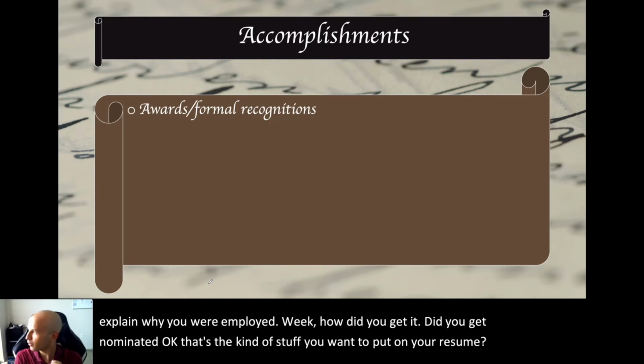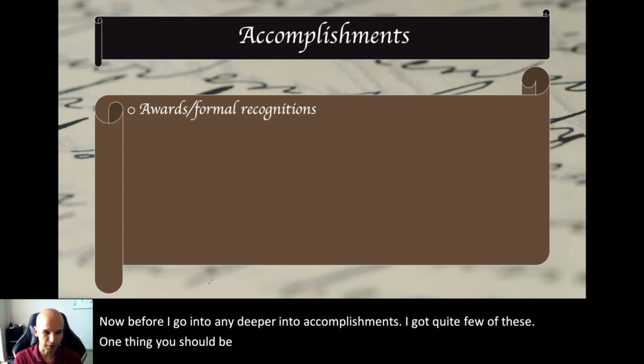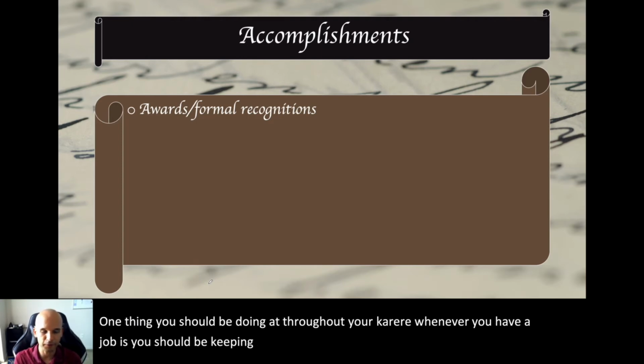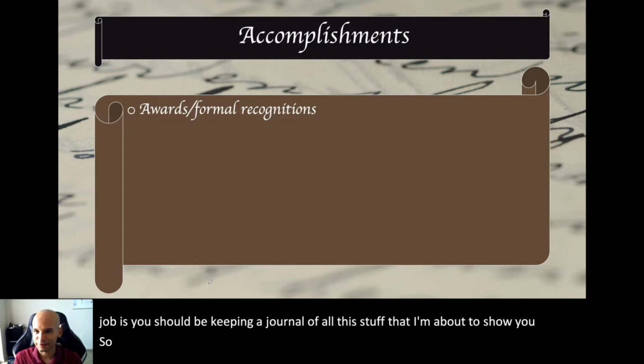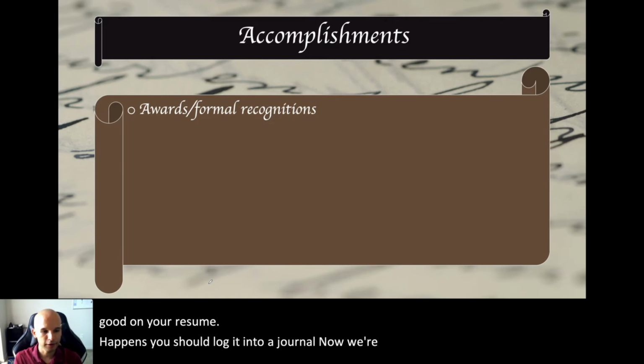Now, before I go any deeper into accomplishments, I've got quite a few of these. One thing you should be doing throughout your career, whenever you have a job, is keeping a journal of all this stuff that I'm about to show you. Anytime something happens that you think would be an accomplishment or would look good on your resume, you should log it into a journal. Now, we're not talking about Nickelodeon's Doug, where you have to write 'dear journal, blah, blah, blah' every day.